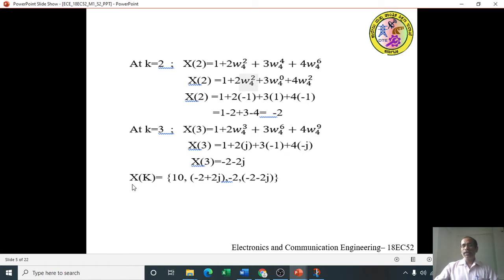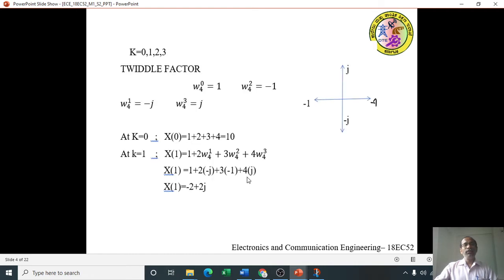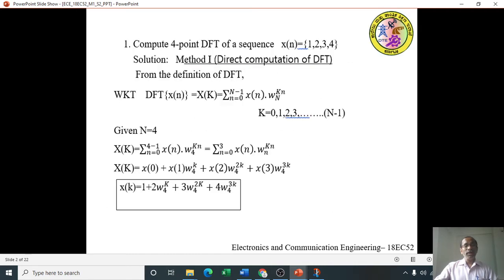Put together, the 4-point DFT of x of n equal to 1, 2, 3, 4 can be written as 10, minus 2 plus 2j, minus 2, minus 2 minus 2j. I have used the formula to compute this. Since we are using the DFT formula, this method can also be called direct computation of DFT.